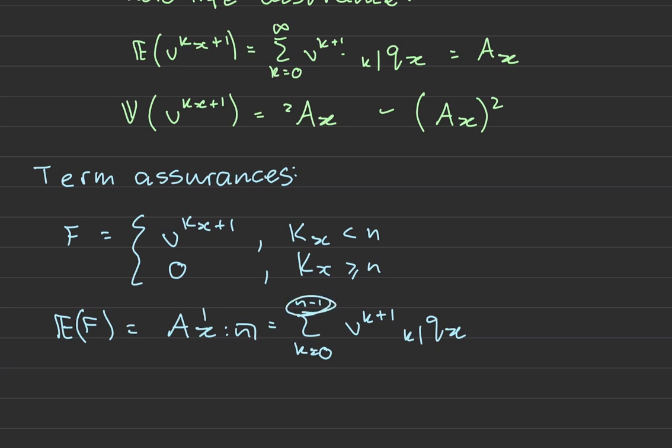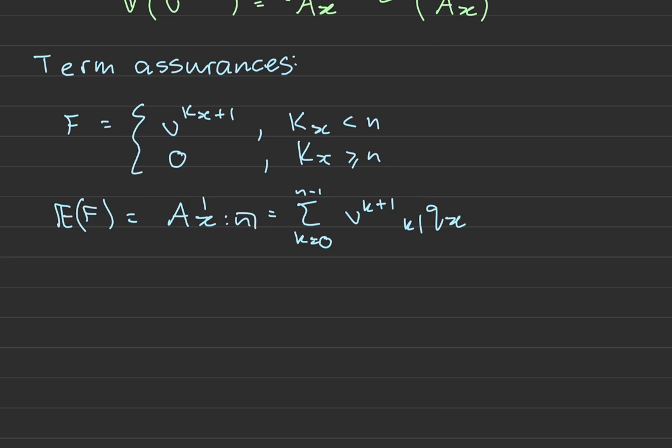So I must end it at n minus 1 over here. And you can also see that from the support of this random variable. This v to the Kx plus 1 is defined when Kx is strictly less than n, and Kx takes on integer values. So the number that's strictly less than n is n minus 1, so this sums up to n minus 1. Okay, so what's the variance for this?